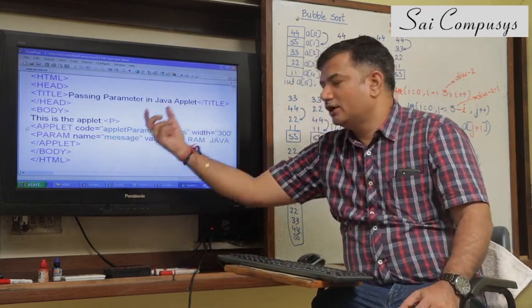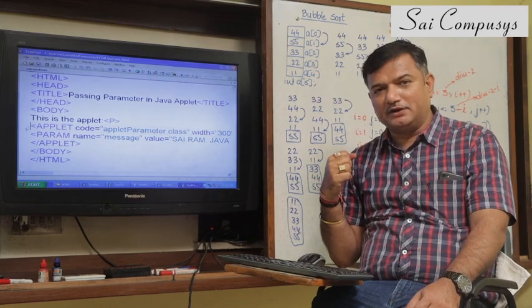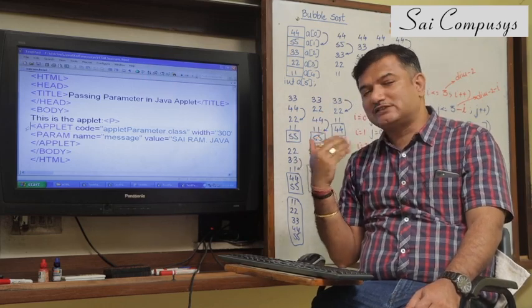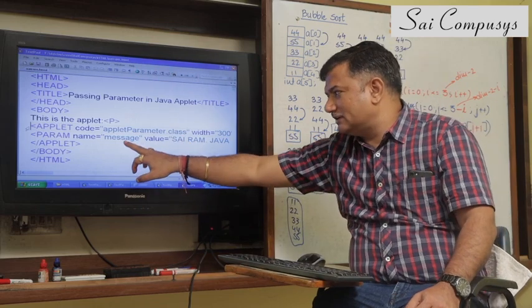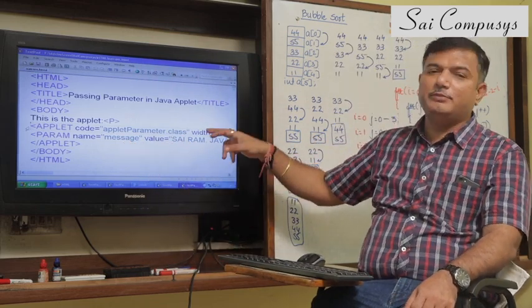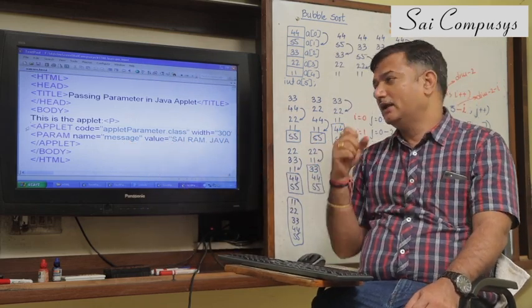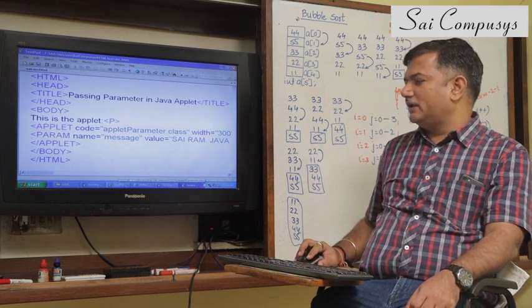This message will be accepted by my applet, and when the message parameter is read, obviously I will be getting the value in my applet. This can be used in my program very easily.